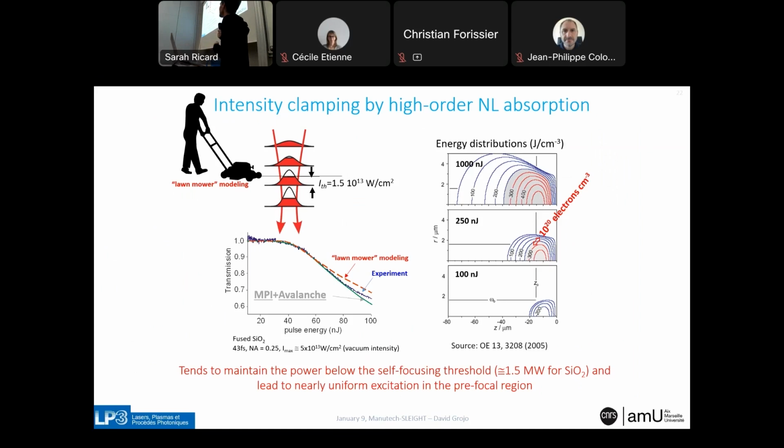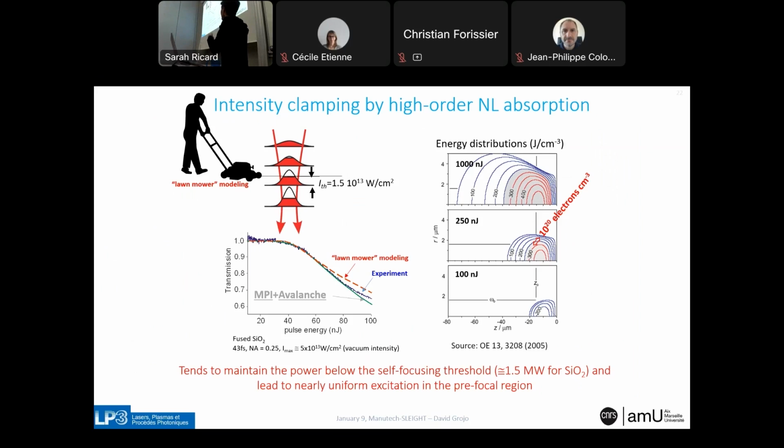It's not perfect, but with a very simplistic description, what I call the lawnmower modeling. I call it lawnmower because when you focus the light, you assume that all the light above a given intensity, the threshold above which I estimate the light will start to be absorbed, I take everything. So basically, as I approach the focus, I cut the light at a given level.